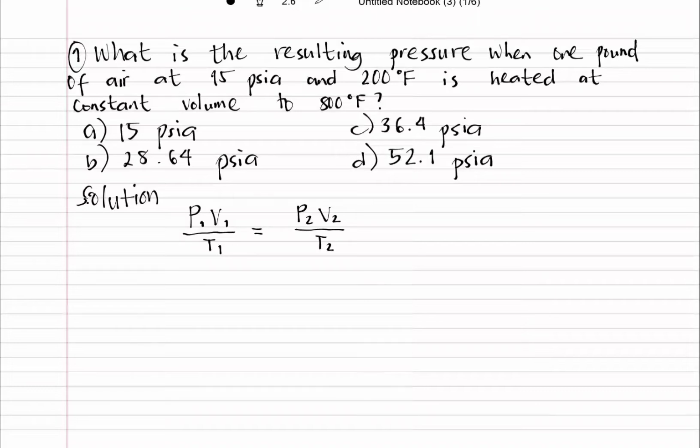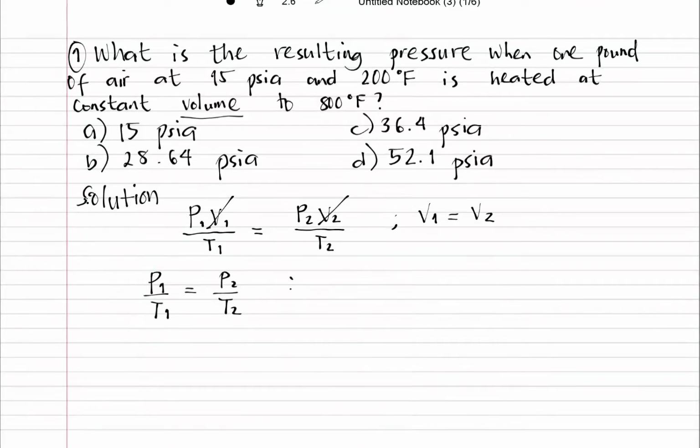Dito sa problem na to guys, constant volume sabi. So pag constant ang volume, meaning V1 is equal to V2. Ano mangyayari dito sa dalawang V sa magkabilang side? Magka-cancel out sila. So matitira sa'yo na equation is P1 over T1 is equal to P2 over T2.